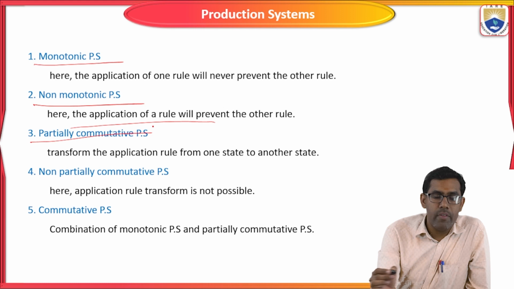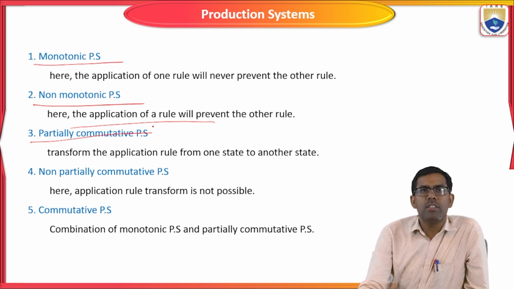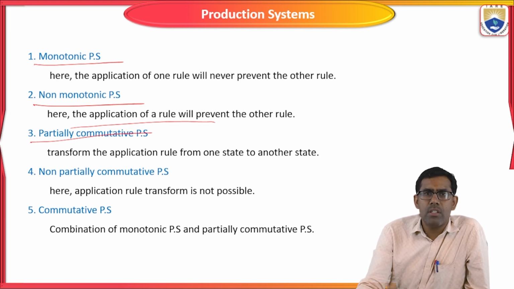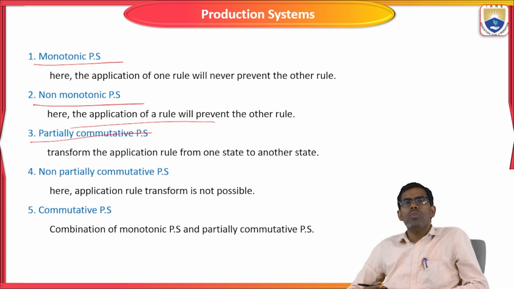The next one is the partially commutative production system. The partially commutative production system is nothing but transferring the application of a rule from one state to another state.